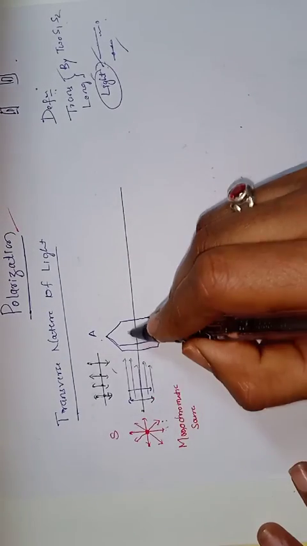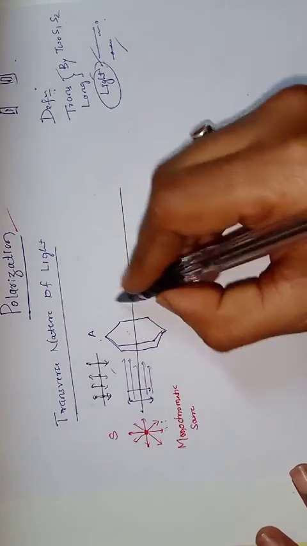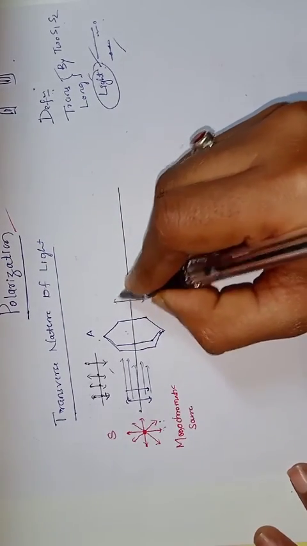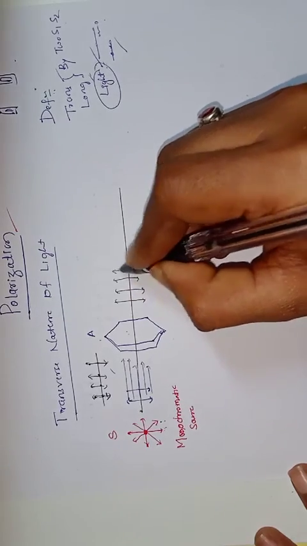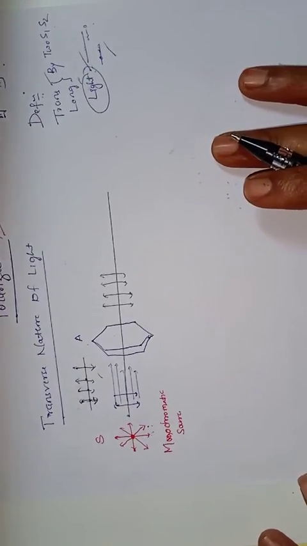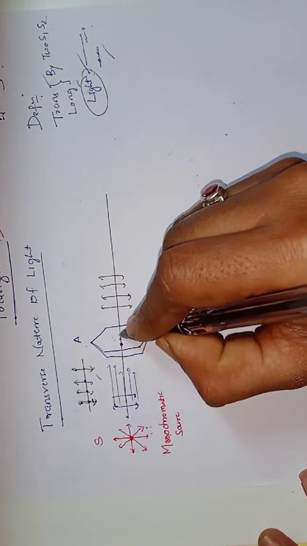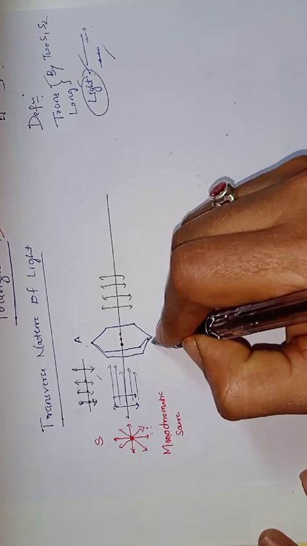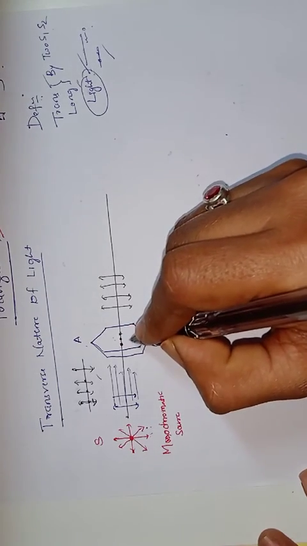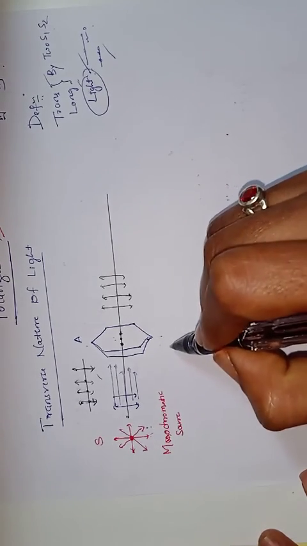When it passes through the tourmaline crystal, it passes only the waves which are parallel to the plane of propagation. It absorbs the light rays which are perpendicular to the plane of vibration.